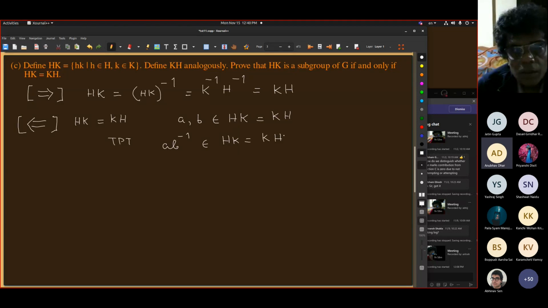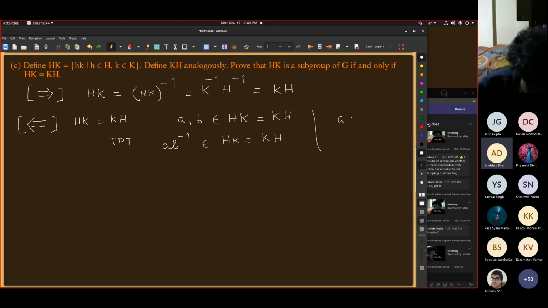Sir, a is in HK, so a can be written as h1 k1. b is in KH, so it can be written as k2 h2, because it's a common set. So this is of this form, this is of this form.